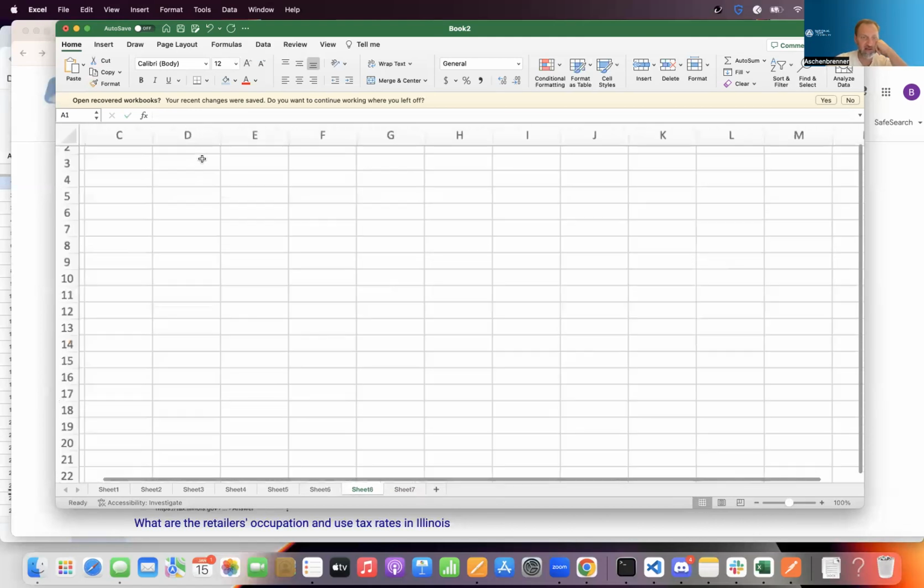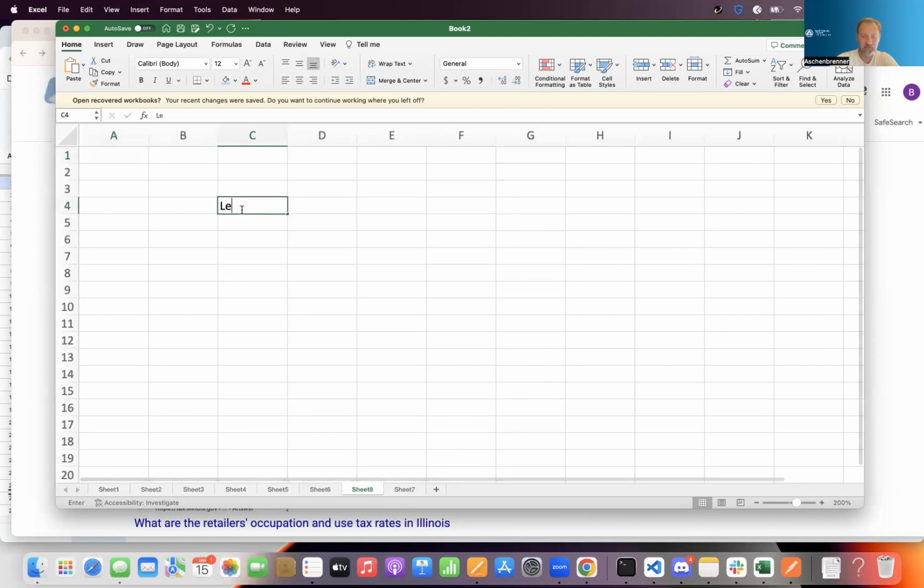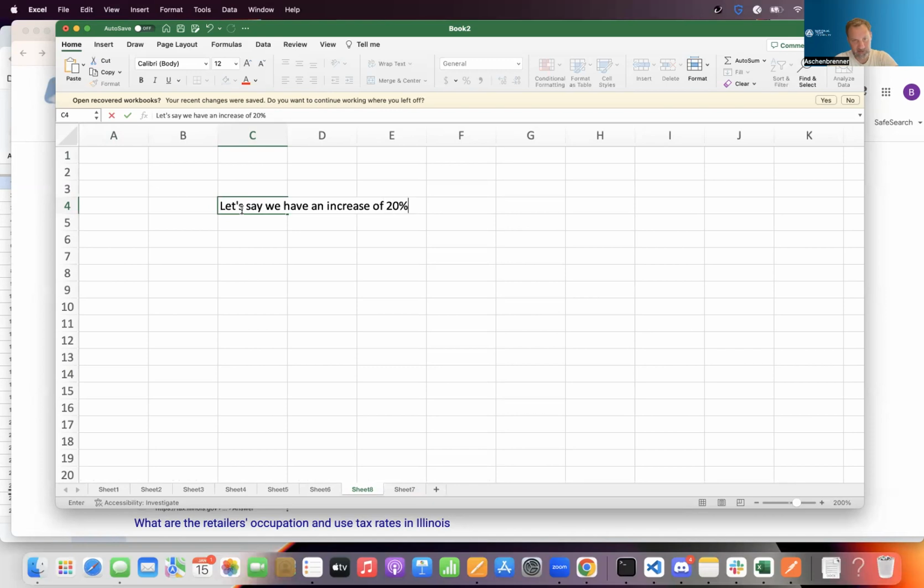So let's say we have an increase of 20%, but we also have a decrease of 12%. So let's do the multiplier process. For the first one, start with 100%, we add 20, then we take that and we say, hey, this is a percentage, so it turns into 1.2 as my decimal.